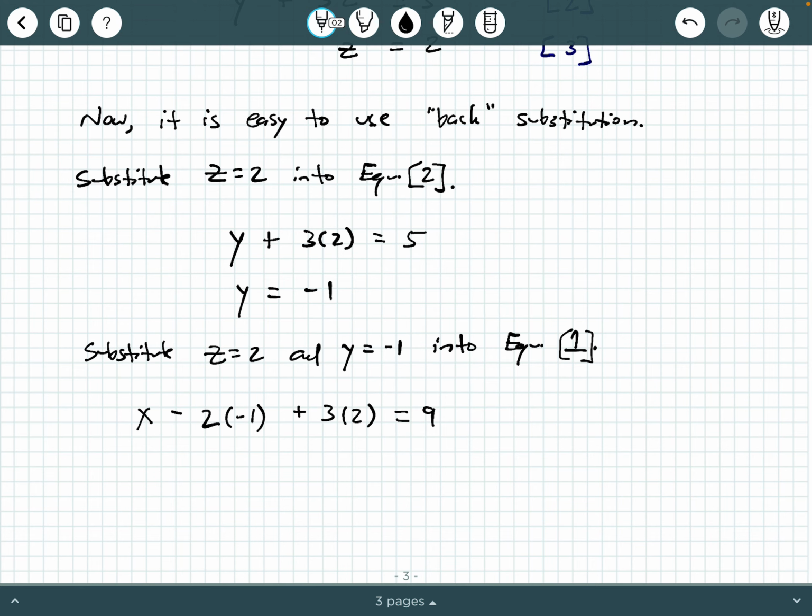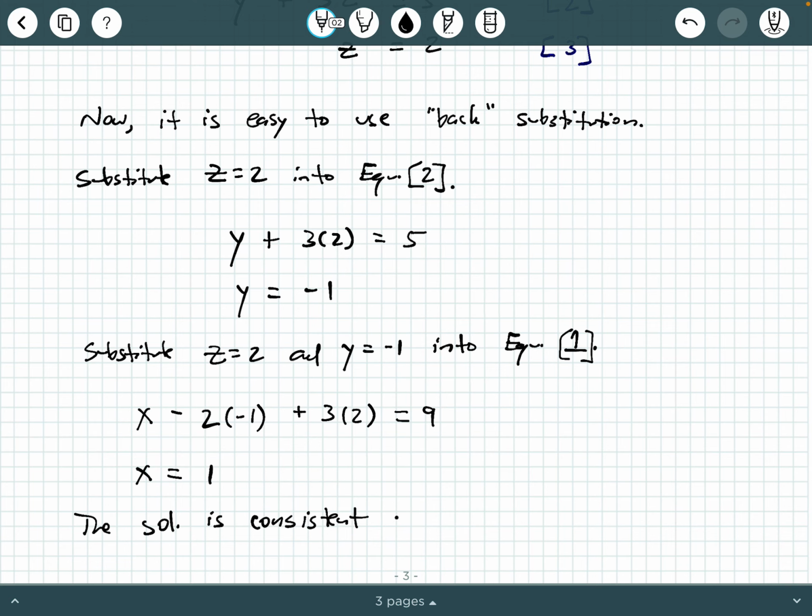Let's see, we get x equals 9 minus 6 is 3, minus 2 is 1, right? 9 minus 6 is 3, and then this is a positive 2, move it to the other side, so it's -2.